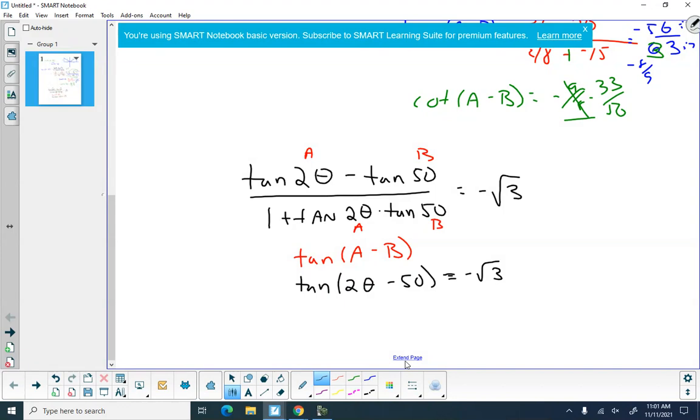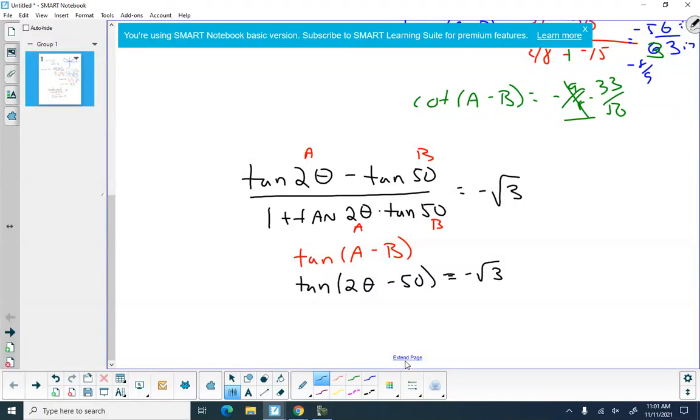Now, we never did a tangent one before. We always did sine and cosine, but I'm looking to get rid of tangent. So what are we going to have to do to get rid of tangent? Nolan? Inverse? Inverse tangent.